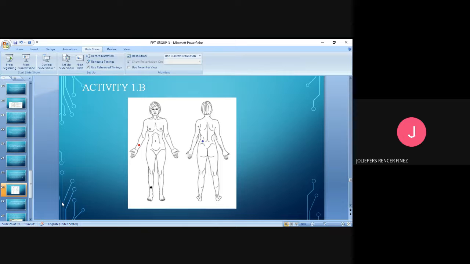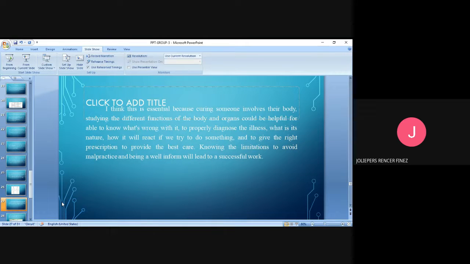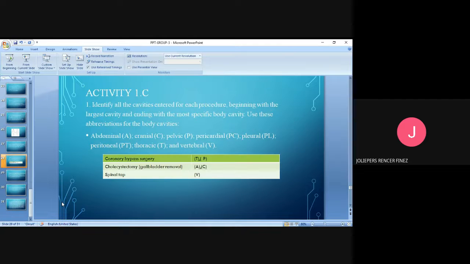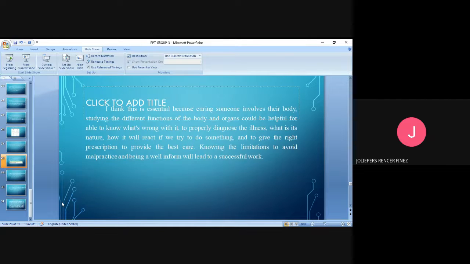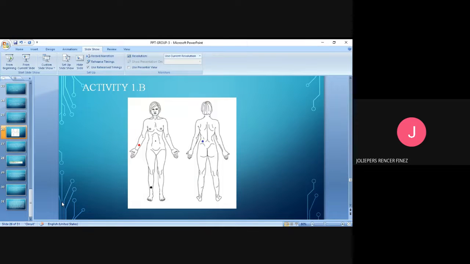And next is the black pen dot. The black dot indicates the birthmark, and it is on the fibular surface.